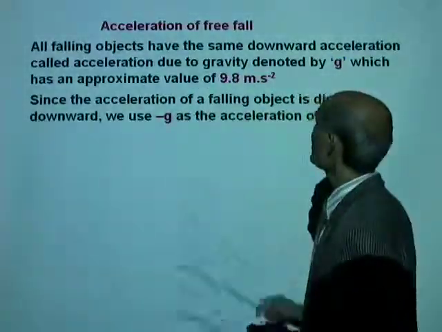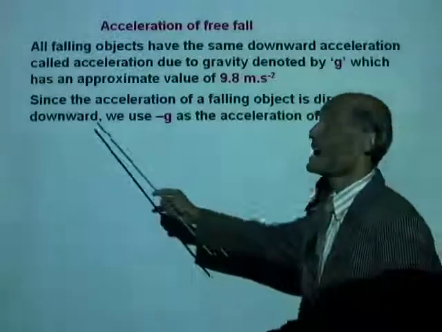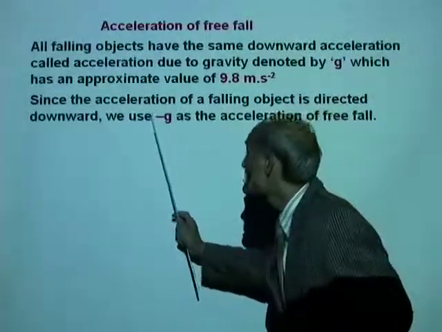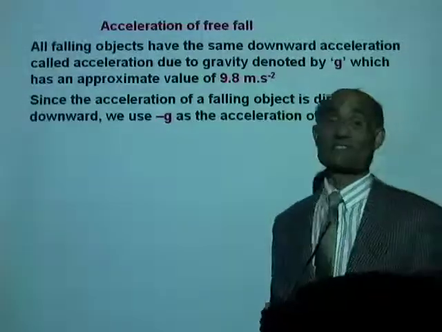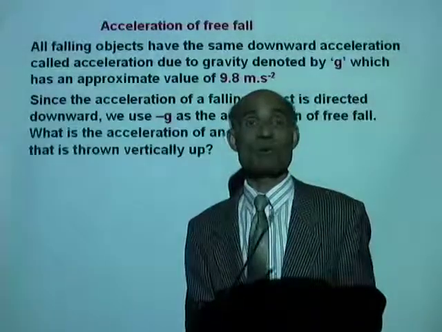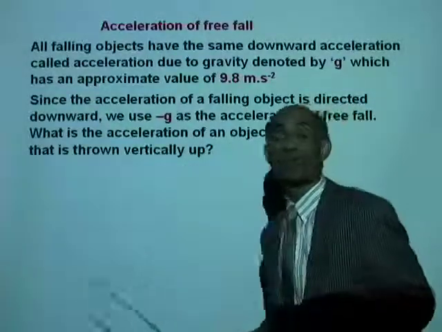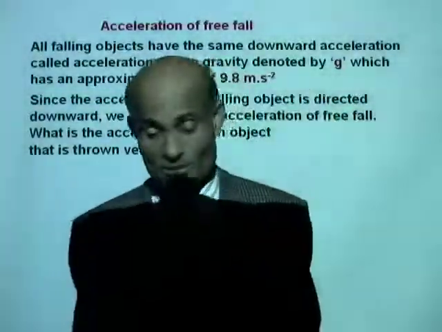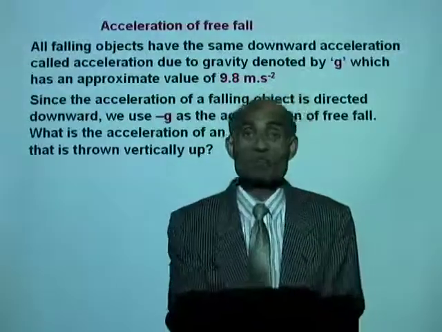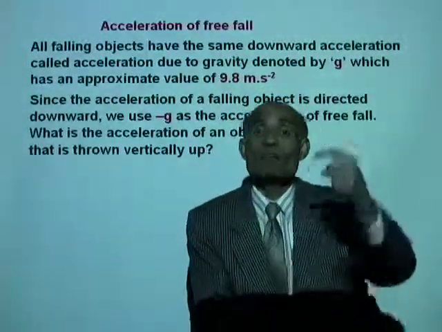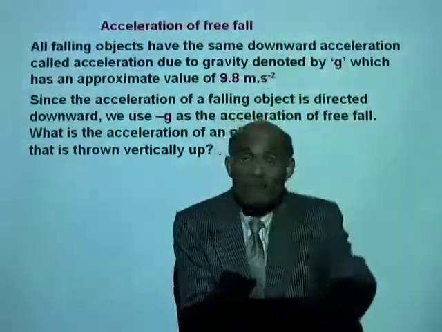Since the acceleration of a falling object is directed downward, we use negative g as the acceleration of free fall. Now, what is the acceleration of an object that is thrown vertically up? The moment I throw this up, it begins to accelerate downward.